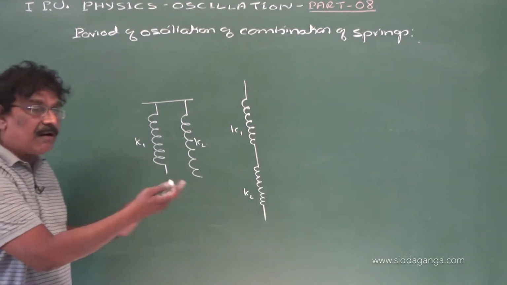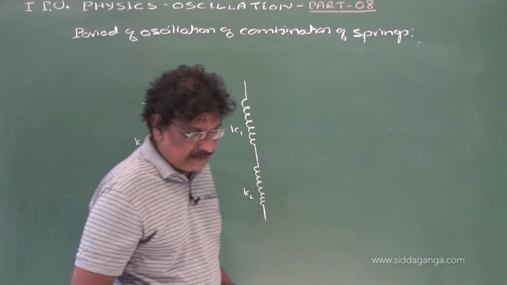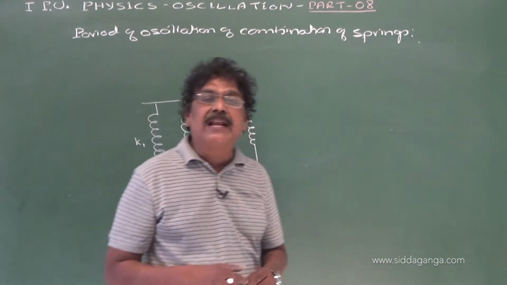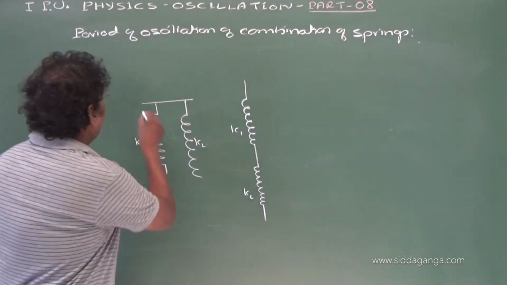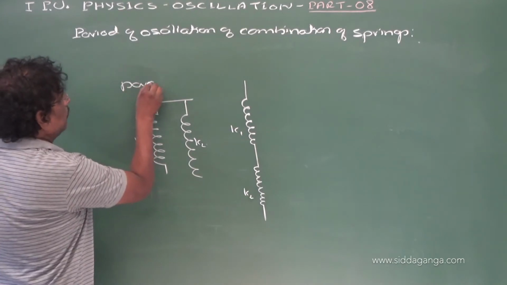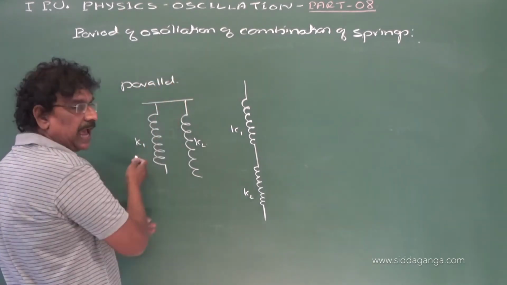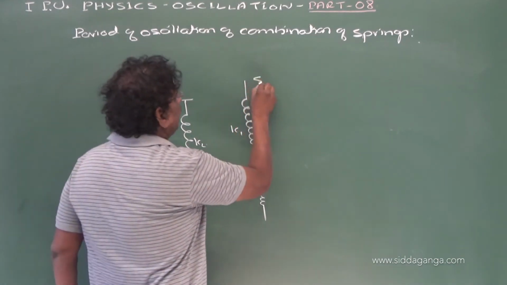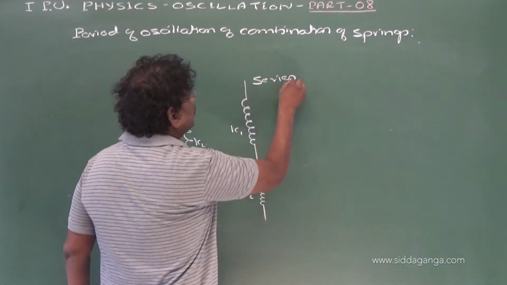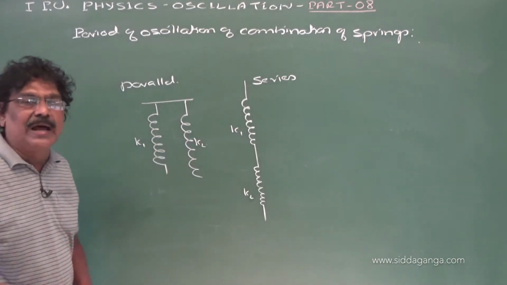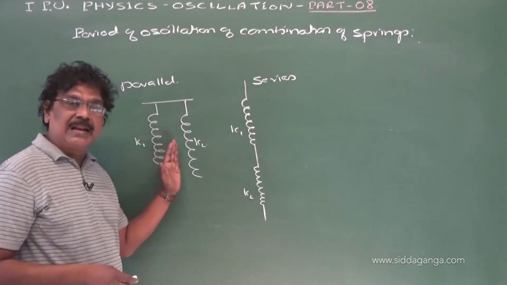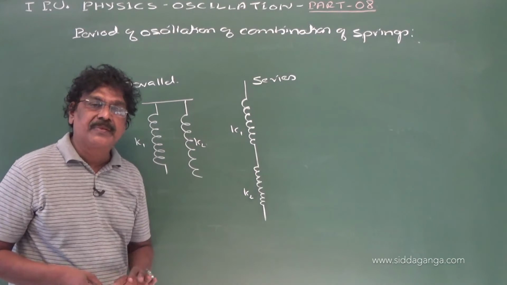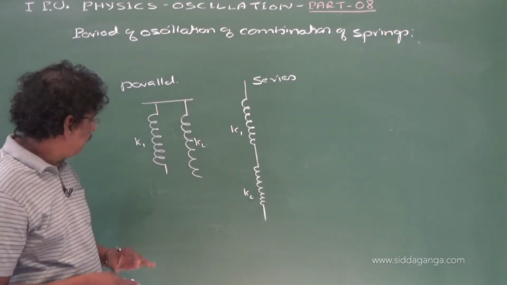This is called a combination of springs. Springs can be combined either in parallel combination, having the same common point, or they can be arranged in series one by one. So this is parallel combination and this is series combination.